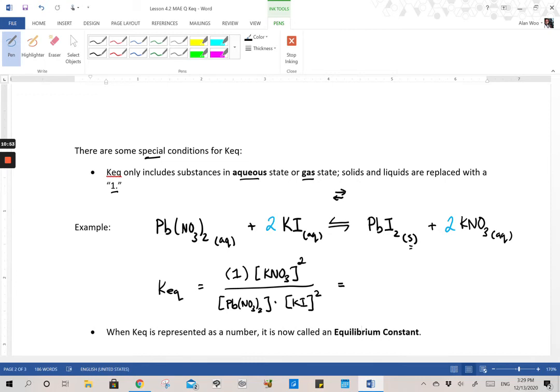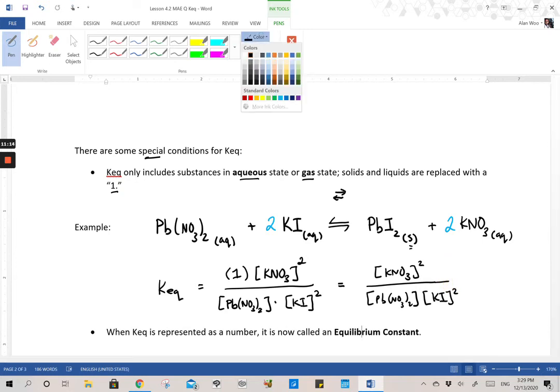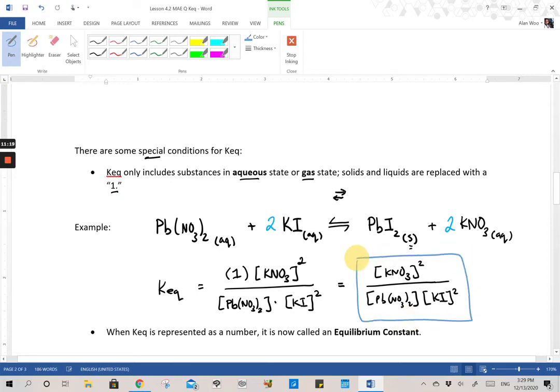Because the 1 represents the solid, the KEQ expression is literally just [KNO3] to exponent 2 over [Pb(NO3)2] times [KI] squared. Okay, so this is the equilibrium expression, which is KEQ.